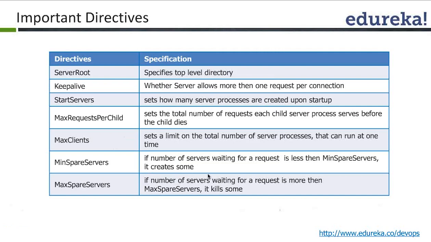Now, if there are thousands of them, it's very difficult for your server to handle, and it starts going slow. Okay, so that is why, instead of waiting for some client to come, you keep some minimum servers ready, and if you feel it is not needed, I actually kill them. So that is what these min and max servers are. Okay, any questions?